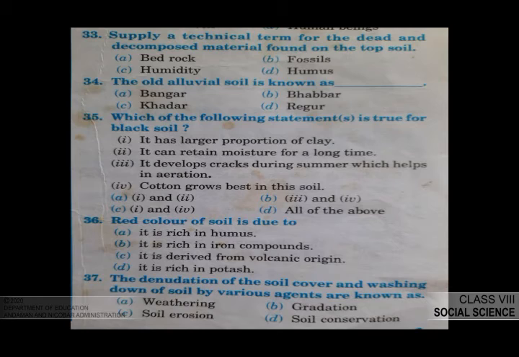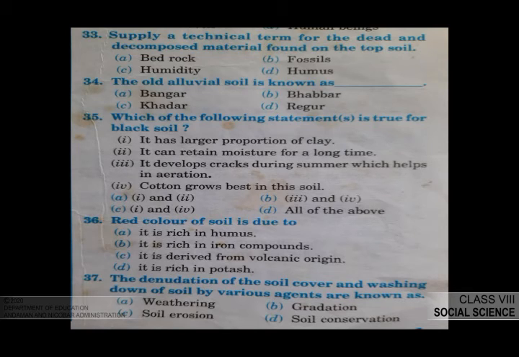Then next comes, supply a technical term for the dead and decomposed material found on the topsoil. Okay. Now some terms have been given to you as an option here. See, the options are bedrock, fossils, humidity, humus. Okay. Means they have given you a technical term for the dead and decomposed material which is found on the topsoil.